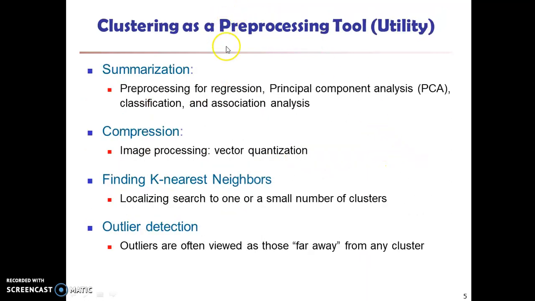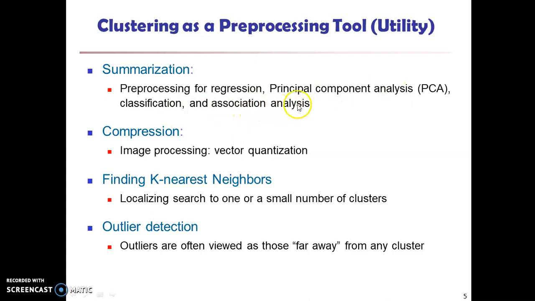And clustering as a pre-processing tool. We already discussed that clustering will act as a pre-processing tool for some other algorithms. For example, it will act as a summarization tool, meaning pre-processing for regression, principal component analysis, classification and association analysis.